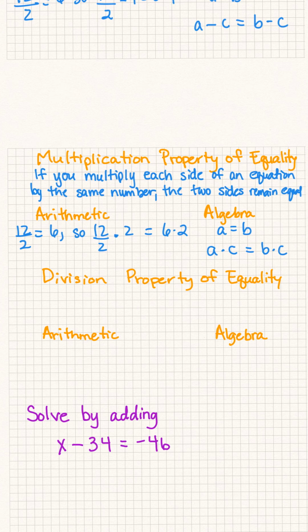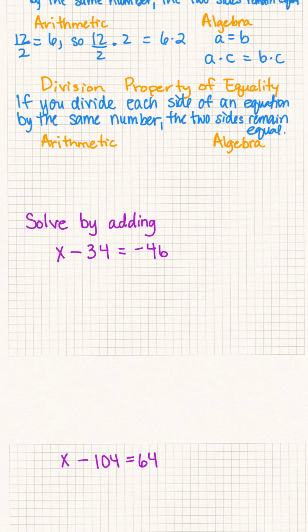The division property. If you divide each side of an equation by the same number, the two sides remain equal. You can probably guess, we have 3 times 2 equals 6, so 3 times 2 divided by 2 is going to equal 6 divided by 2.